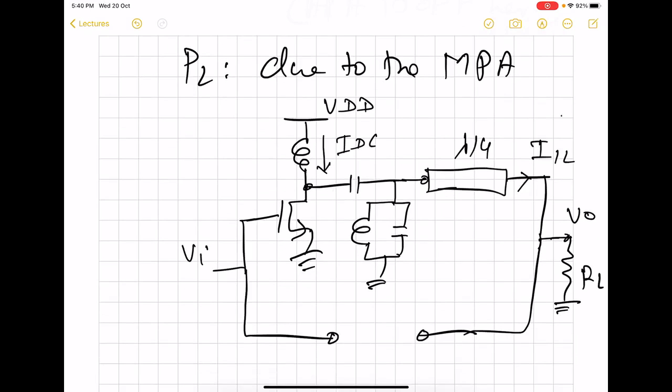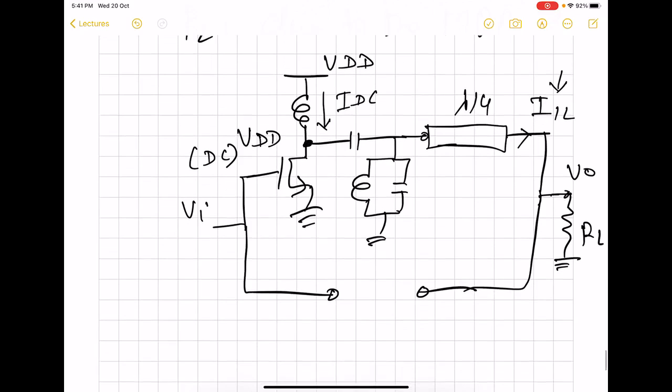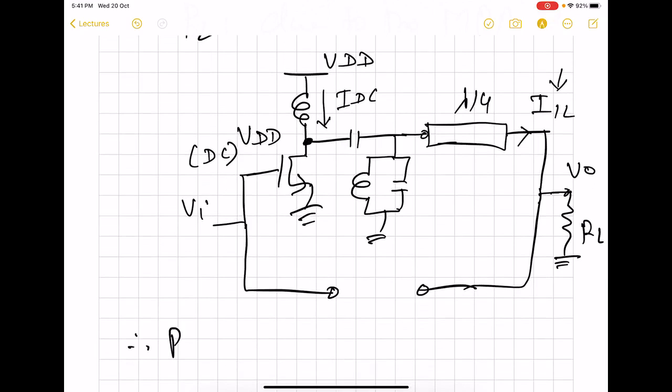So keep in mind that this is going to be the current to the load. So this is what we have to find out. And this voltage is of course going to be VDD, DC voltage. So this is always going to be VDD DC. So therefore the DC power is going to be VDD into IDC.